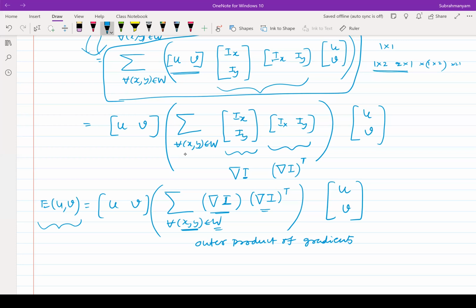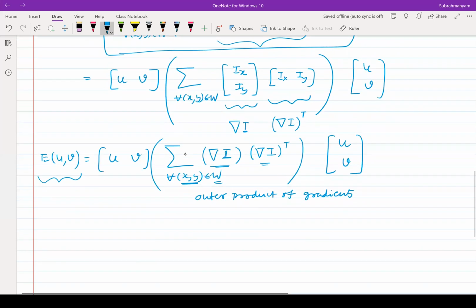To see that intuition, I am going to write it in a slightly different way again. This is to give you an idea that this has something to do with the gradients, the outer product of gradients, and summing them all over the window. That is something we are taking a look at here. Now, instead of writing it as gradient, another way is to simply expand that and write it.